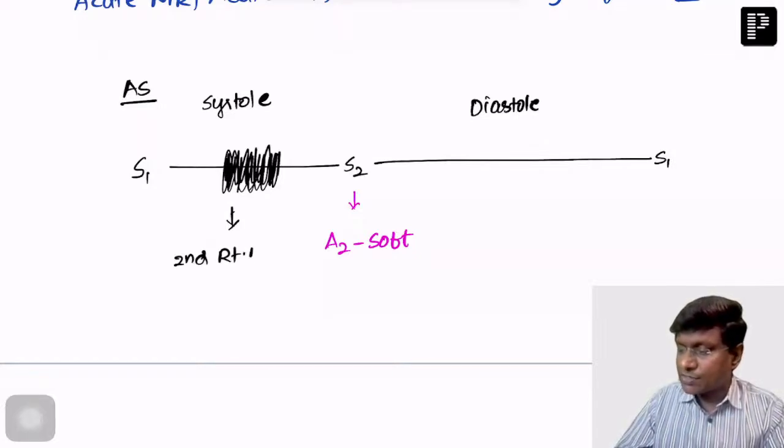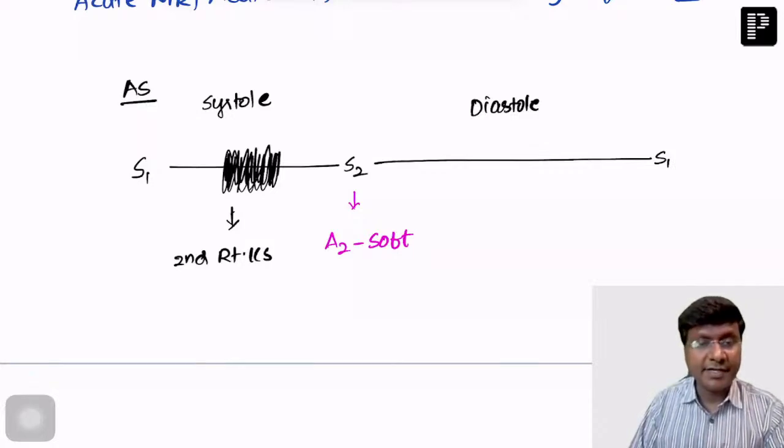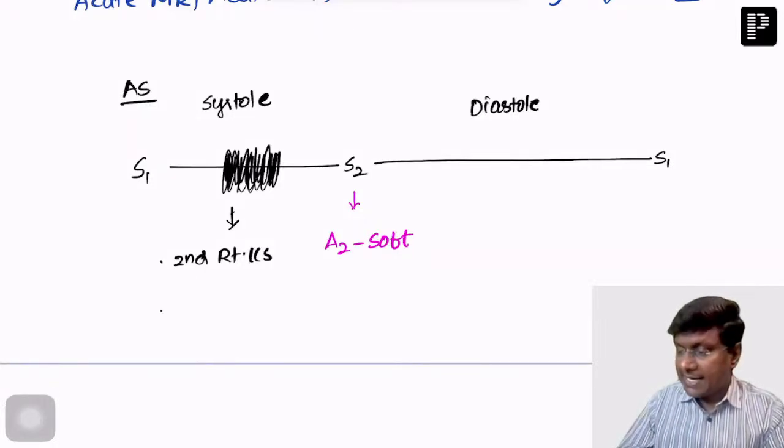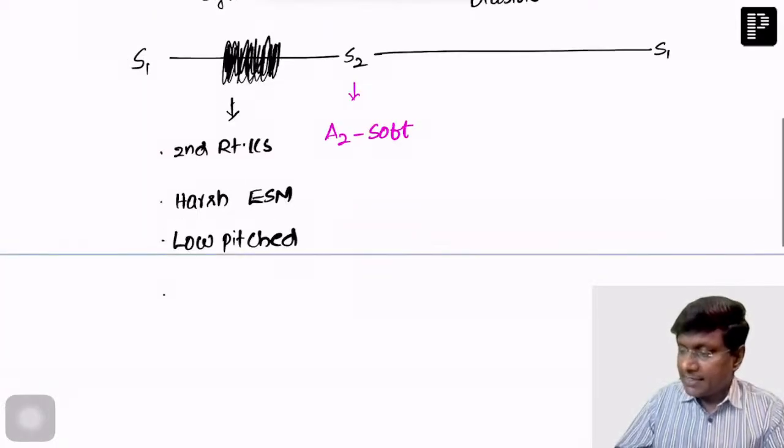This mid-systolic murmur in case of AS is heard in the second right intercostal space. It is a harsh ejection systolic murmur, and it is a low pitched murmur in aortic stenosis, similar to MS, and this will be radiating to the carotids.